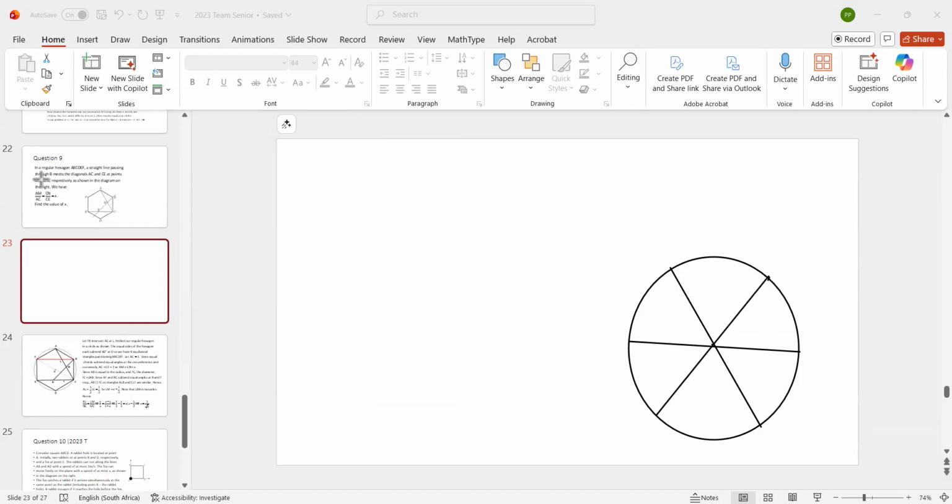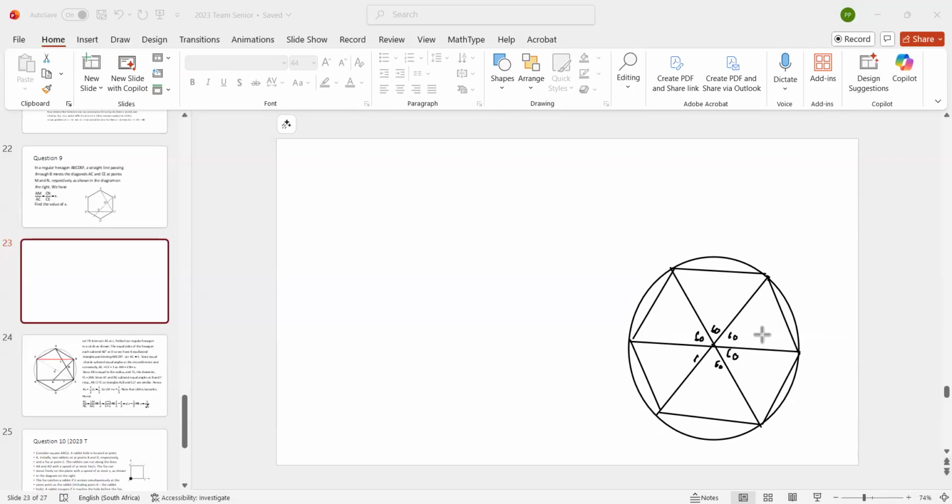Like that, and make all these angles 60 degrees. And the endpoints, so there you have your hexagon. See, so that's how you make a regular hexagon.